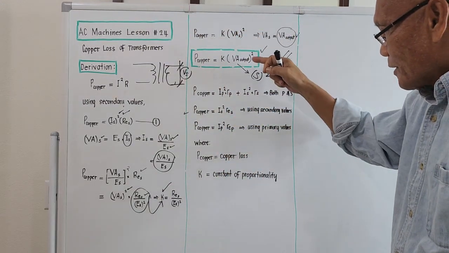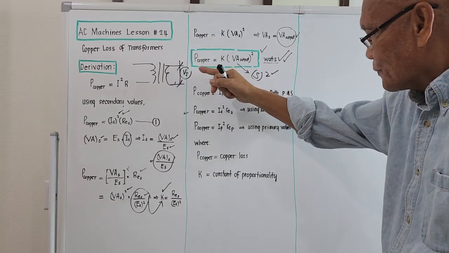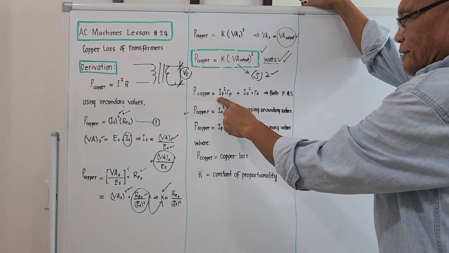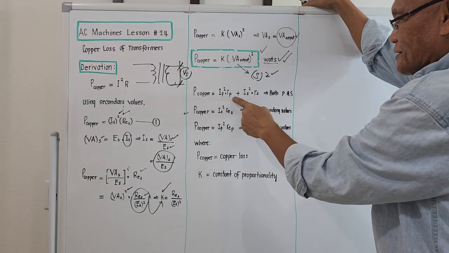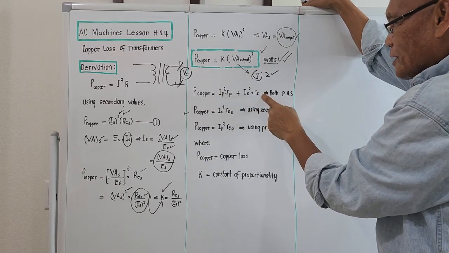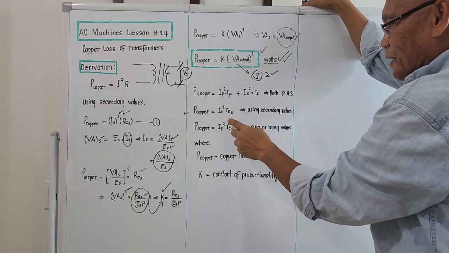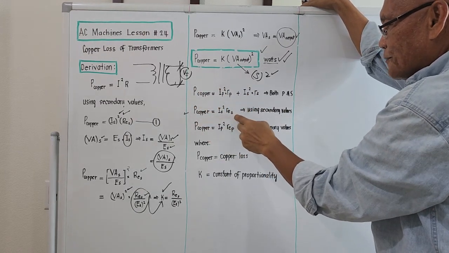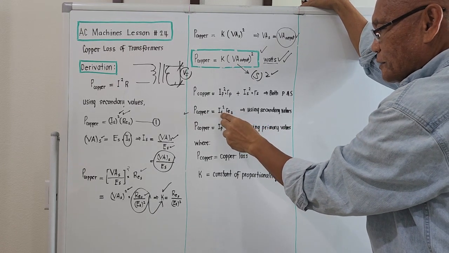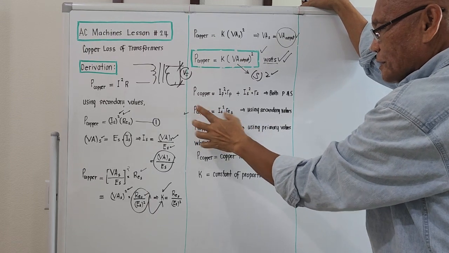If you are given the voltage output and you know the value of K, you could compute for the copper loss. If you know the primary current, the primary resistance, the secondary current, and the secondary resistance, take the sum and that will still be the copper loss. If you know the equivalent resistance referred to the secondary, you multiply by the square of the secondary current, that will still be the copper loss.